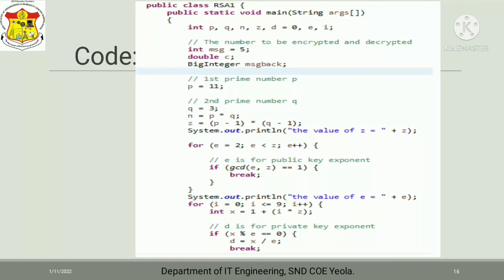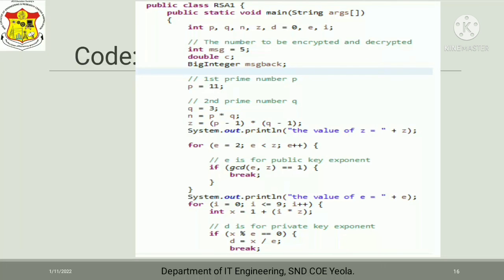So that was about the flowchart. Now the program. Initialize the variables. Firstly, integers p, q and z. Initialize message m, that is the number to be encrypted and decrypted. In next line, initialize first prime number, then second prime number, calculate the value of n, which is equal to p into q.